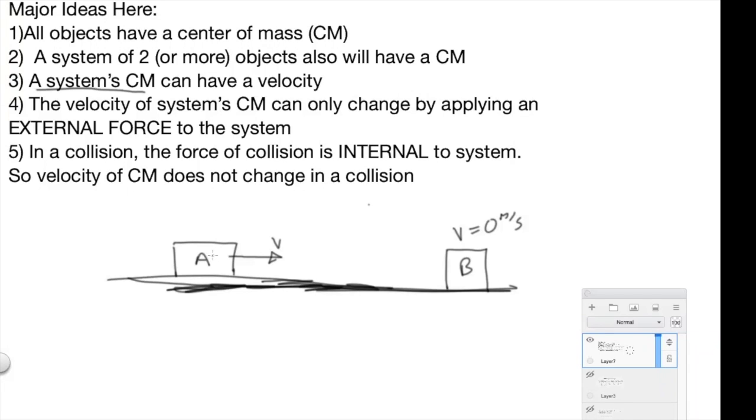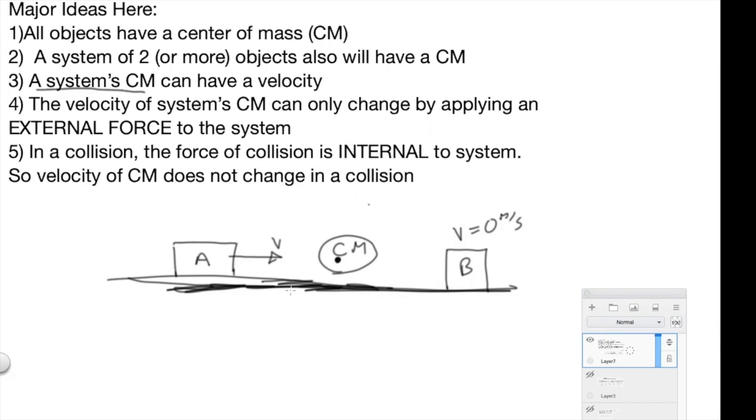If these two blocks had equal mass, the center of mass would be right in the middle. Now, if block A were moving, would this center of mass still just be sitting here and block A is going to crash into the center of mass?